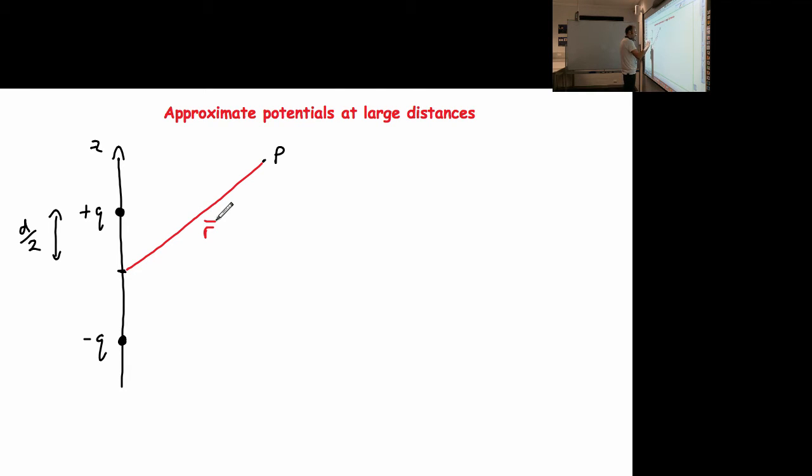R prime is the distance from the midpoint between the two charges to one of the charges. So here we have an R prime in the positive direction, and we also have R prime in the negative.